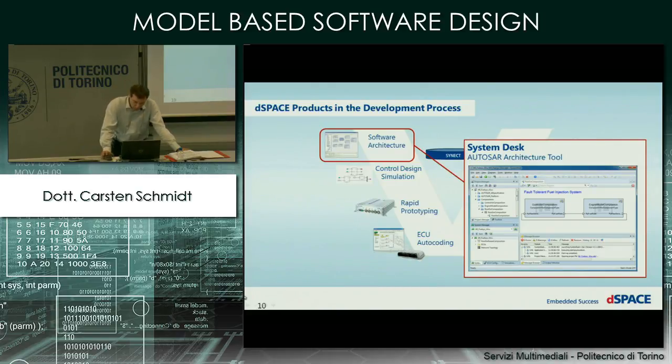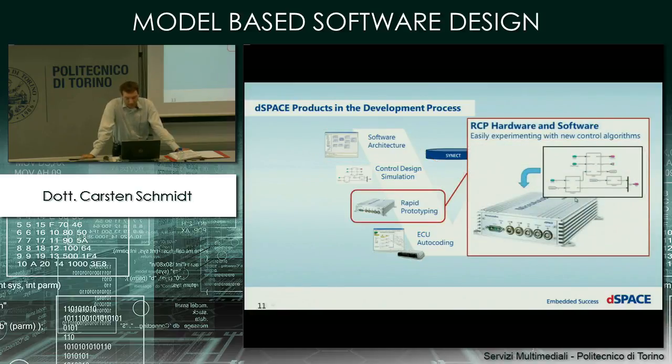You can, for example, create an architecture consisting of several software components and connections and so on. But you can also do certain things related to base software configuration and so on. And actually, this tool plays a quite important role in the virtual validation process. So we will come back to it later.